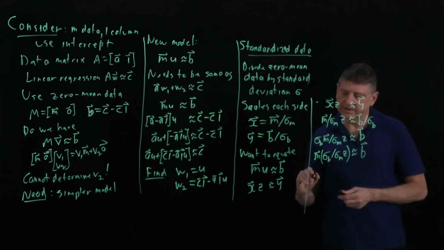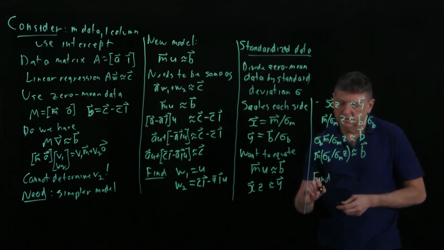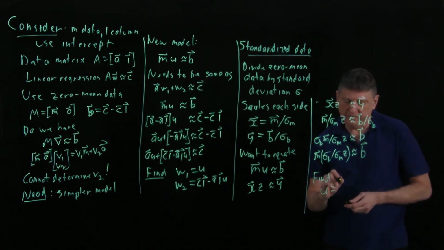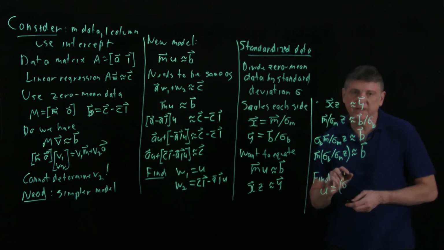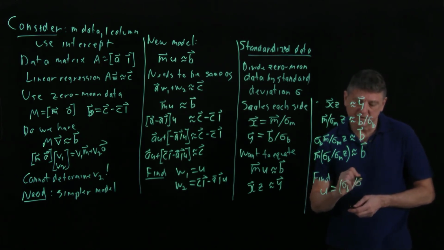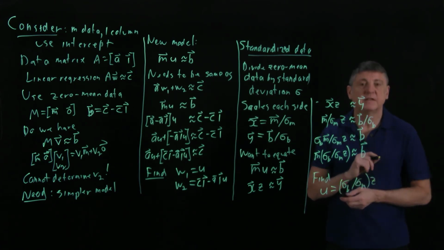So that implies that we can find our scalar u as we can take the standard deviation of b, divide by the standard deviation of m, and multiply that by the value z.